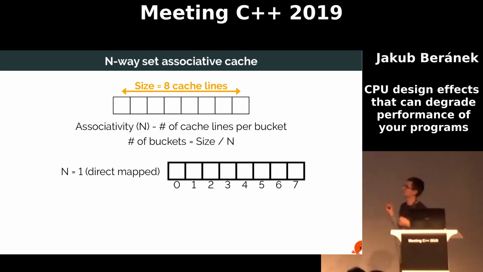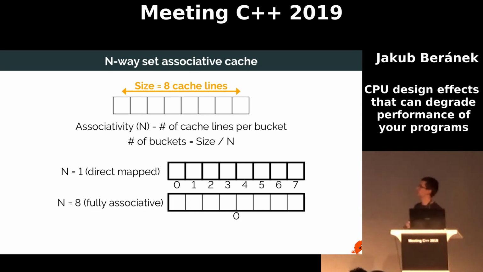So we can, for example, say that each bucket will have exactly one cache line, which is called a direct mapped cache. Or we can say there will be only one huge bucket, which will have associativity equal to the size of the cache. So we will have only one bucket, so we don't even have to hash the input, but we will have to scan through all the slots to find an empty slot.